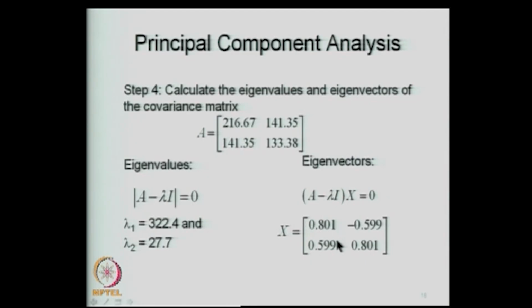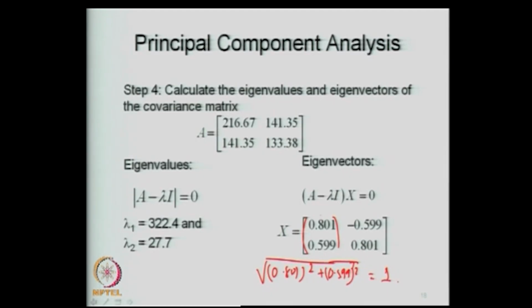Remember, these eigenvectors are unit vectors in the sense that, let us take the distance indicated by the eigenvector, that is, this is one eigenvector. So, I will take the square root of 0.801 square plus 0.599 square, this is equal to 1.